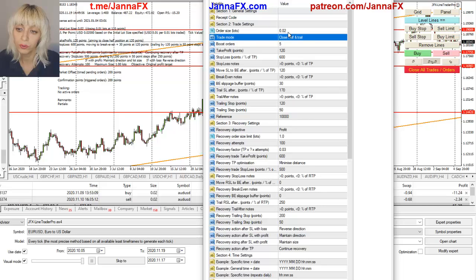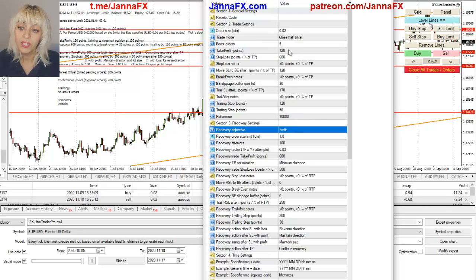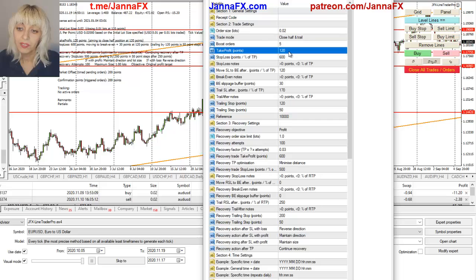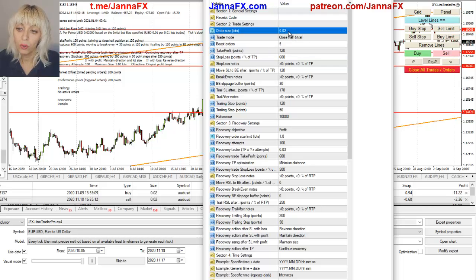So you would have to calculate 0.02 times whatever the take profit is here. So you see, for example, I go for profit because it's a very small take profit and very small lot size I chose. The bigger lot size you choose, the bigger the take profit will be here, and the bigger the next recovery lot that will be opened. So if you want to keep it lower, then you need to keep this lot size and take profit lower.